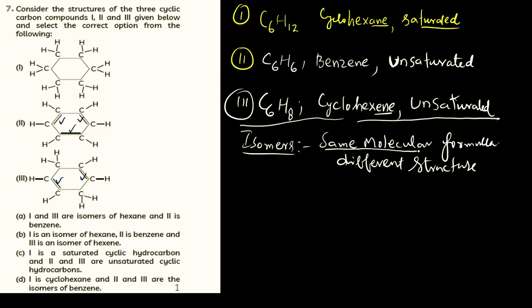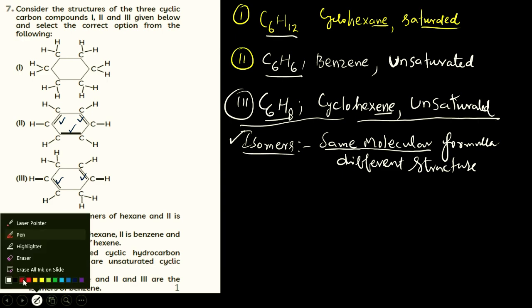Okay, so if you look at the molecular formulas given above in all the three cases, C6H12, C6H6, C6H8, so molecular formulas are different. All the three molecular formulas are different. That means a case of isomer can be omitted, or we can say that these are not isomers.